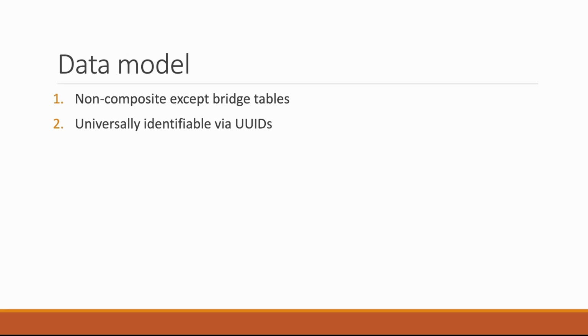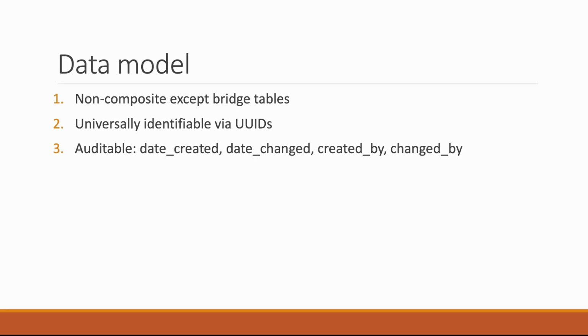By the way, these are very important aspects of OpenMRS to understand the underlying core system. Number 3 is that it is auditable, meaning for every record, for every entity, you have these columns: date created, date changed, created by, and changed by.